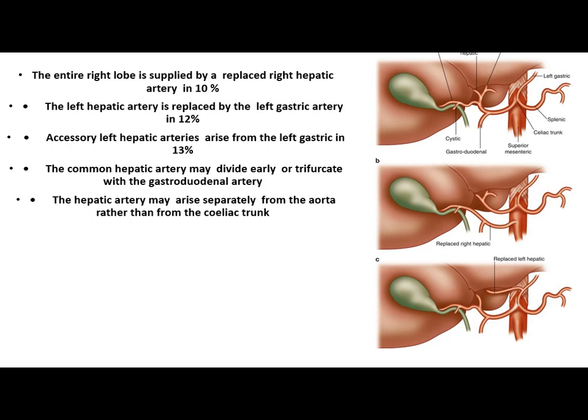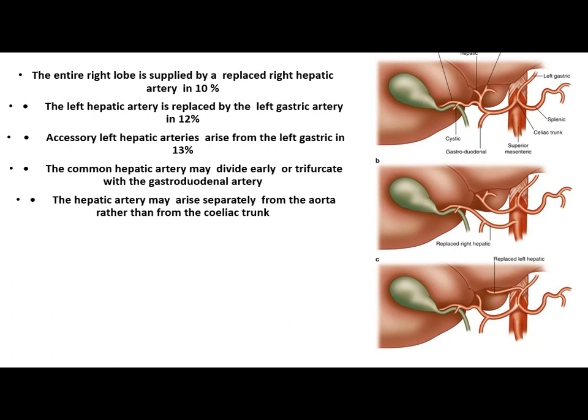Why is it important? There is variation in other systemic circulation too, but mainly the liver. First of all, for intervention, for angiography, for liver embolization, all of these are important. But something very important, where the hepatic arterial anatomy is of paramount importance, is liver transplantation.